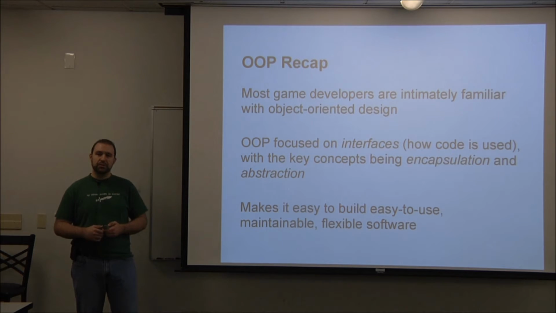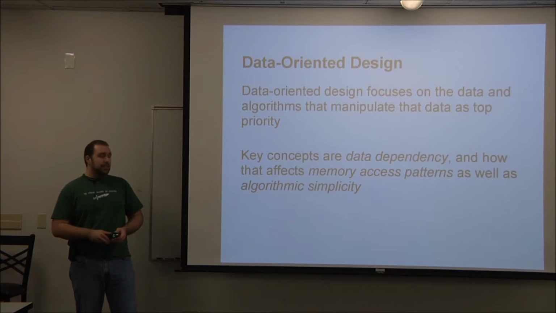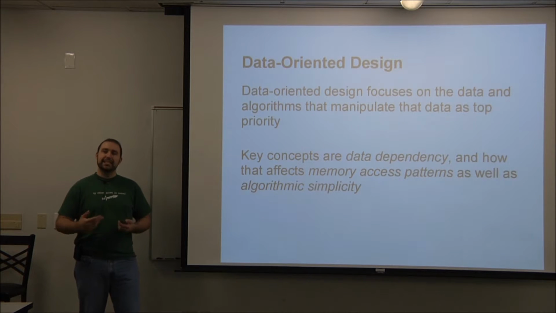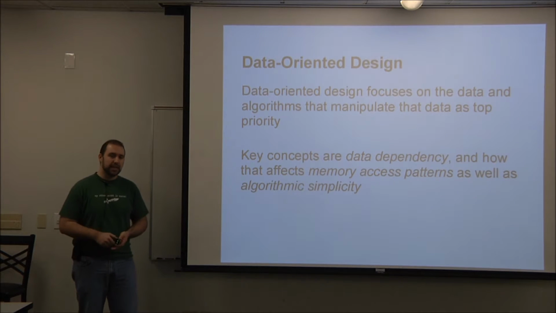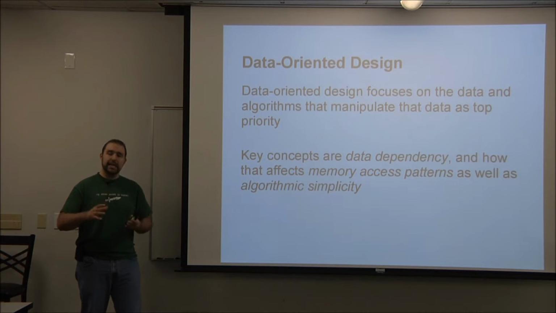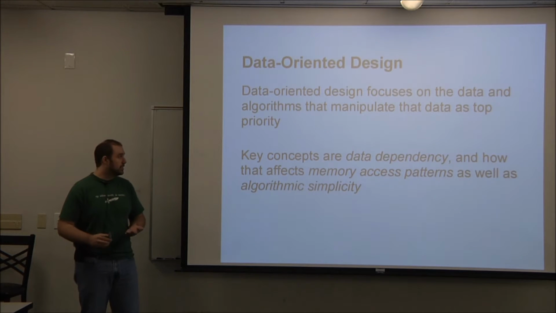It's really a great way of doing flexible design for your software. Data-oriented design, on the other hand, is a focus on the data itself. Rather than thinking about the interfaces, how data is going to be used, how data is going to interact with other parts of the system, it's about how you actually design your data structures for the maximum amount of use, or the maximum amount of efficiency and the easiest reuse, essentially.